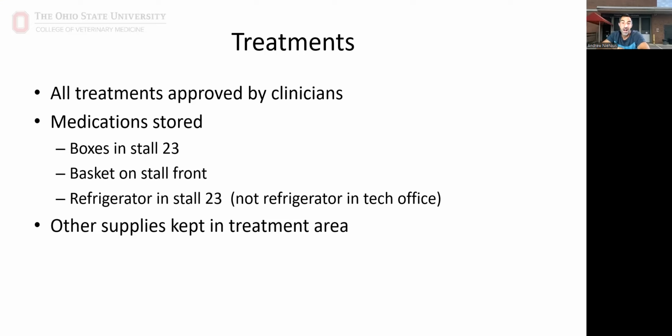First of all, there are bins in stall 23 that are tagged with each of the stall numbers in wards 1 and 2. That is a good place to store medications that do not need to be refrigerated, especially if there are a lot of drugs, and potentially other equipment too, associated with the case. You can put them there for safekeeping.